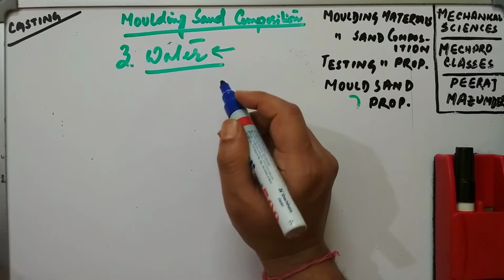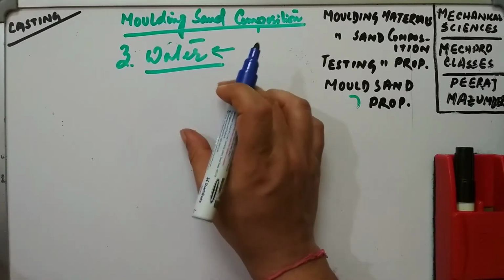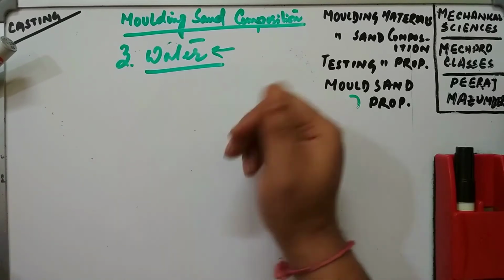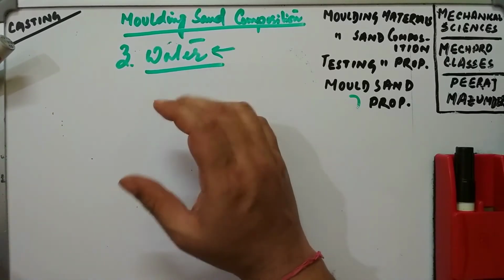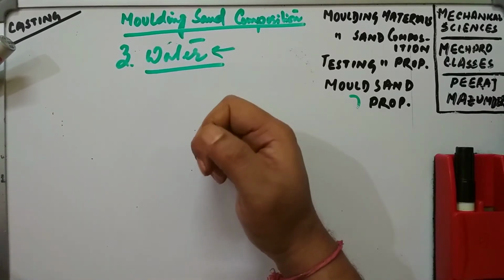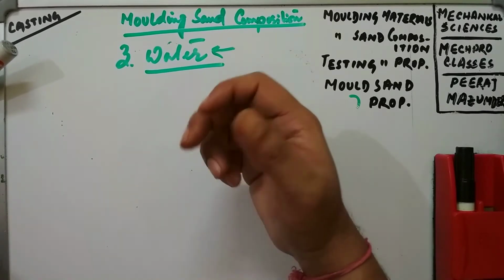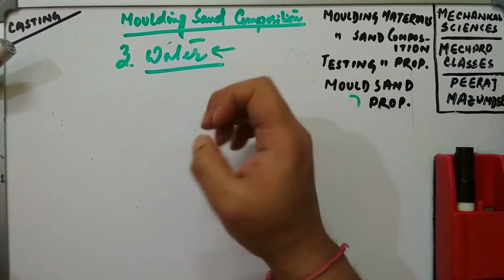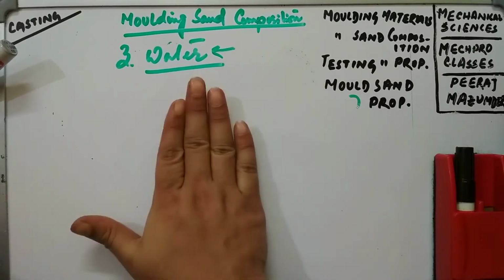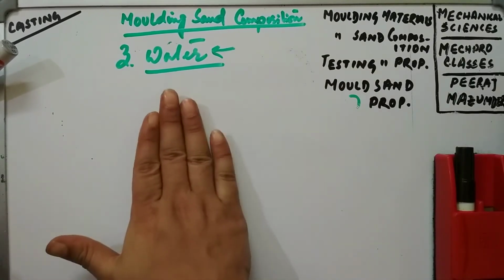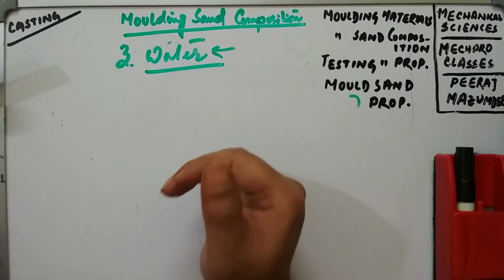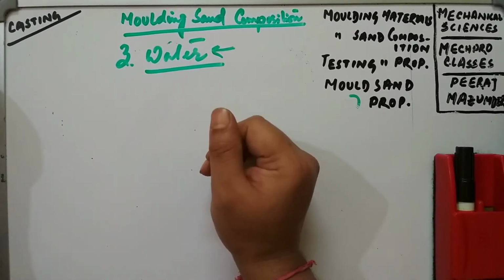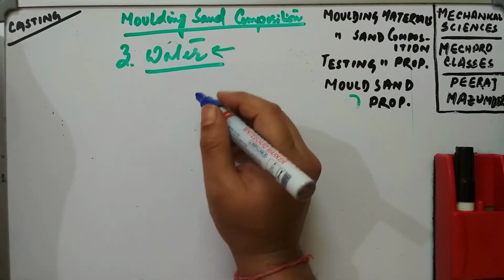A part of the water is absorbed by clay, which helps in bonding, while the remaining water helps in improving plasticity, but more than that would decrease the strength and permeability. So you have to keep in mind, we have to add water in a requisite percentage.